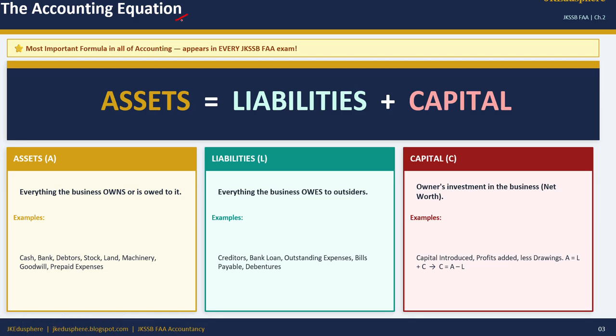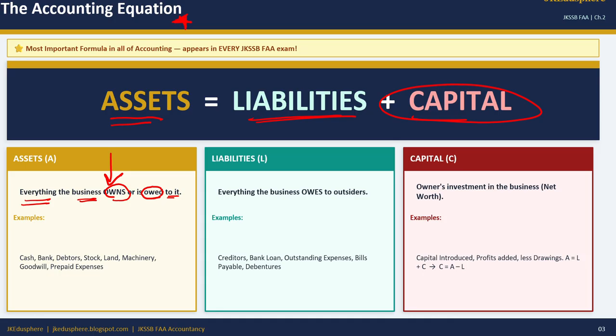The most important is the accounting equation. We get questions from this equation in almost every finance account assistant exam. The equation is asset equals liabilities plus capital. So what is an asset? As we have seen yesterday also, an asset is everything the business owns or is owed.